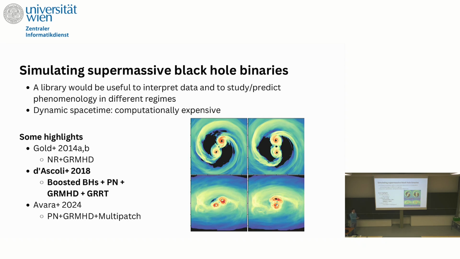They are boosted, and then they complete the rest of the spacetime using post-Newtonian approximation. These simulations were very interesting because they didn't only simulate the GRMHD, but they actually also calculated images. And you can see here this is the GRMHD simulation.